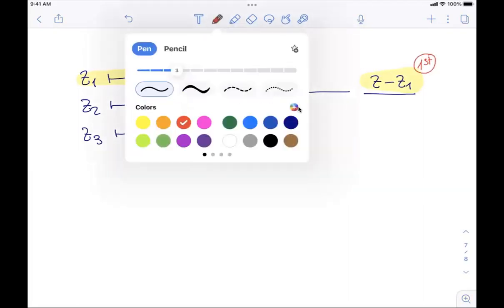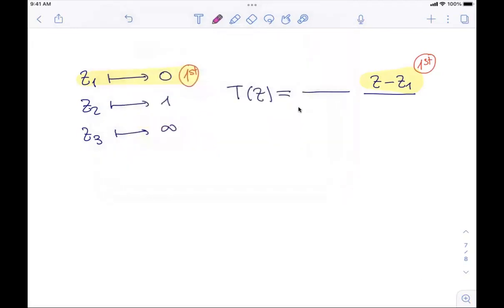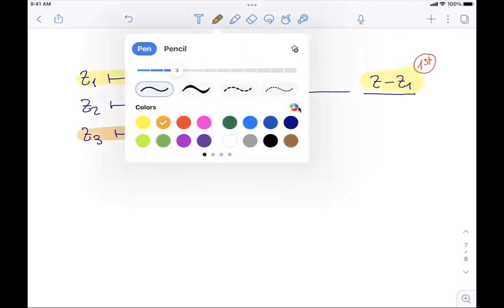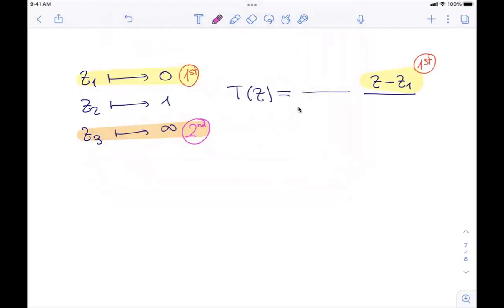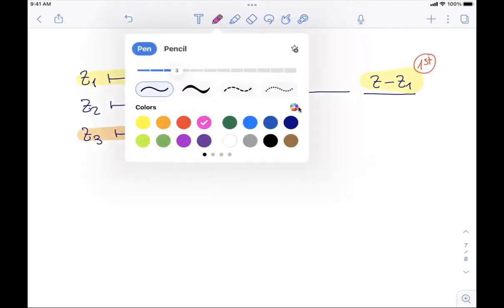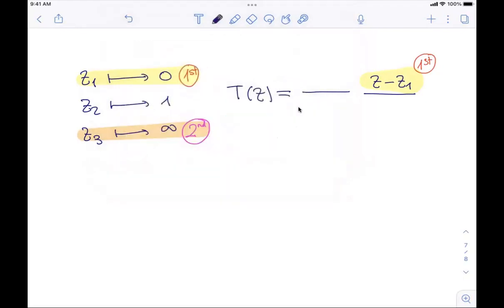Now, the second we want to deal with is the point of infinity. So where does the point of infinity go?